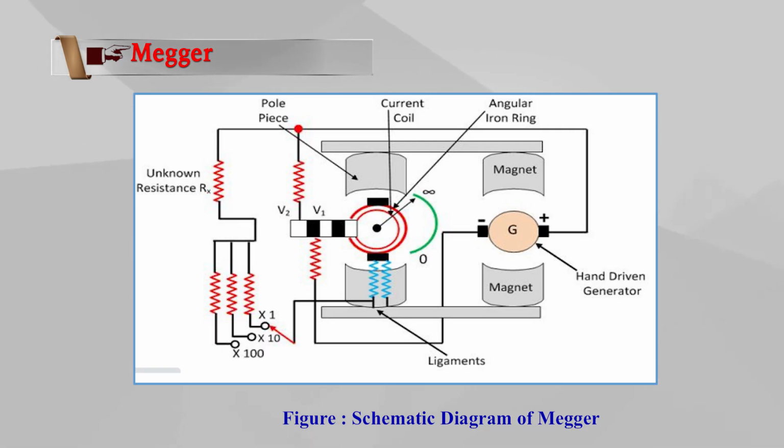Then here you can see three resistances, shown as multiplied by 1, multiplied by 10, and multiplied by 100. So by using this instrument you can measure the high resistance of any cable, or you can measure the resistance of insulation of any cable or cord.